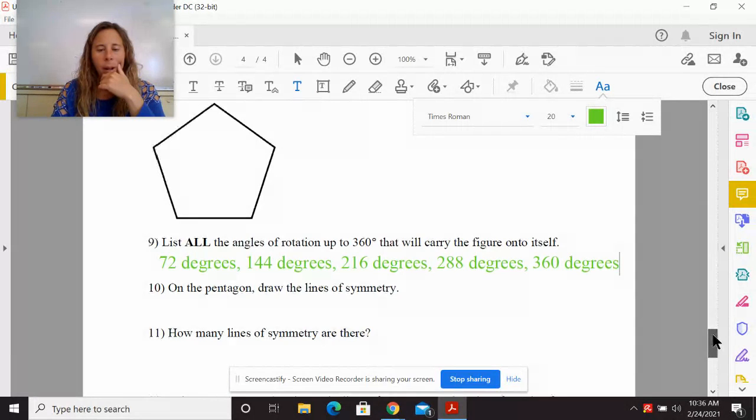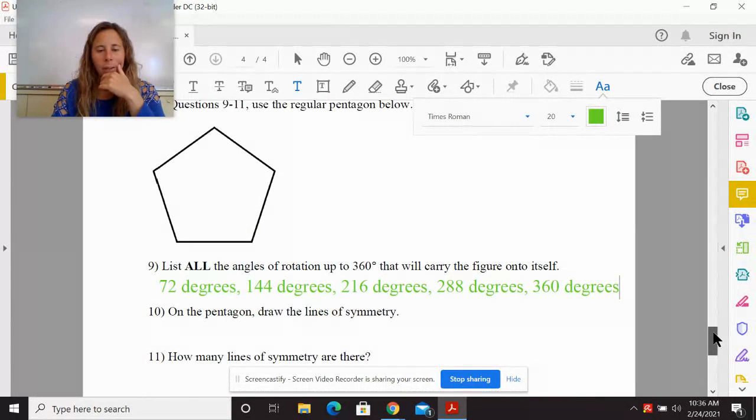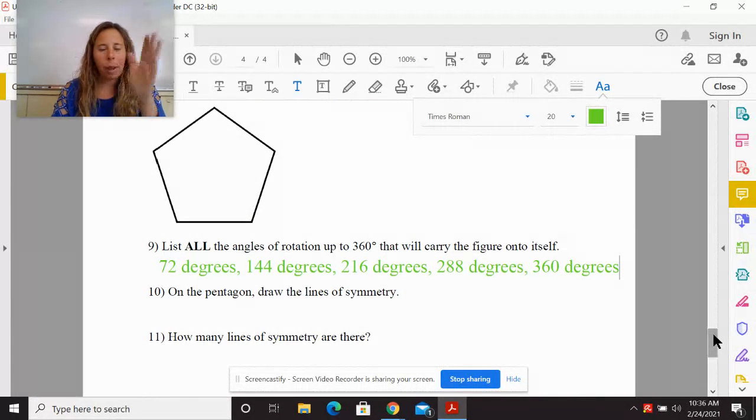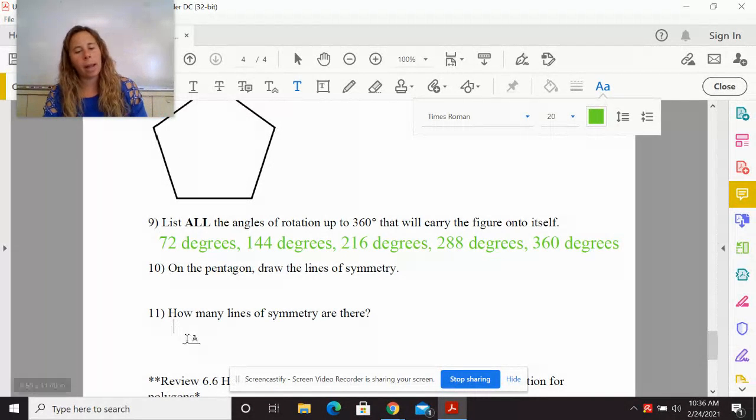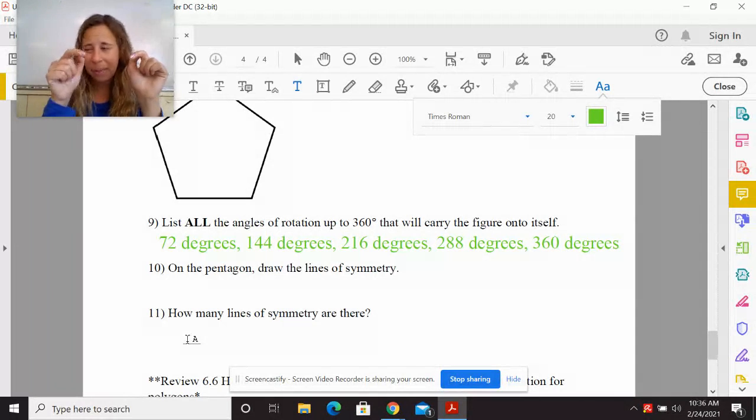On the pentagon, draw the lines of symmetry. Okay, before you do that, I would actually do number 11 before number 10. How many lines of symmetry are there? So I have a pentagon. How many lines of symmetry does a pentagon have? Okay, I've been talking too much today.